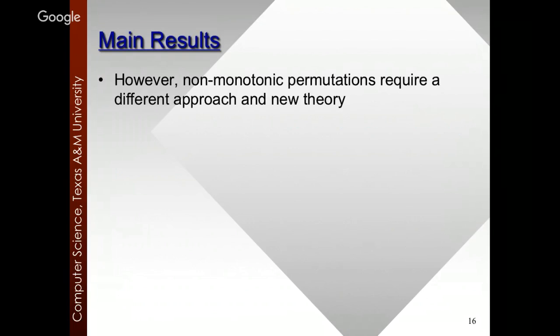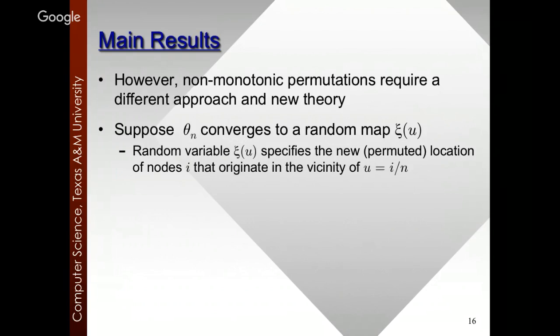So, we have obtained the cost of monotonic permutations like ascending or descending. Does there exist some other permutation, like shuffling the nodes randomly, that has better performance than the monotonic permutations? We're going to propose a new framework to analyze this.